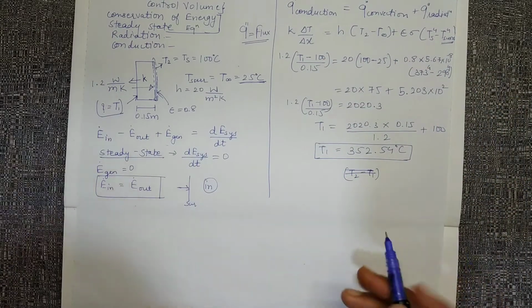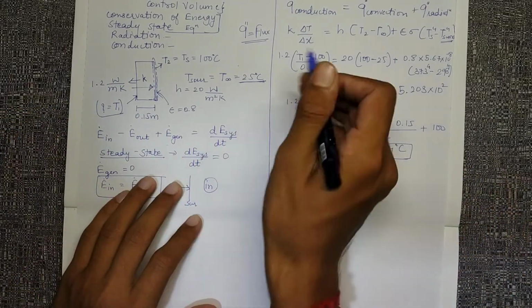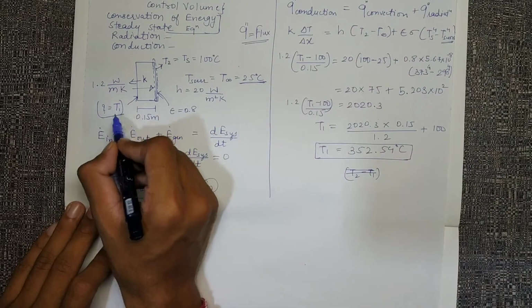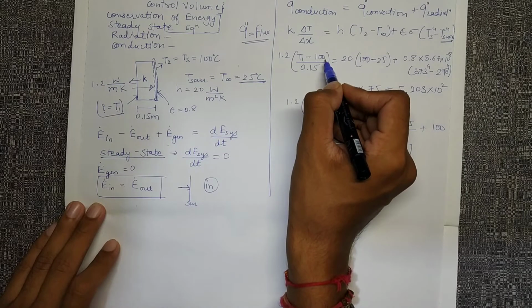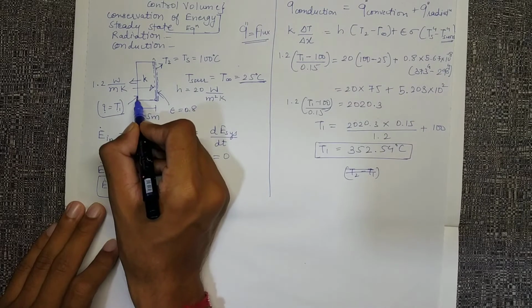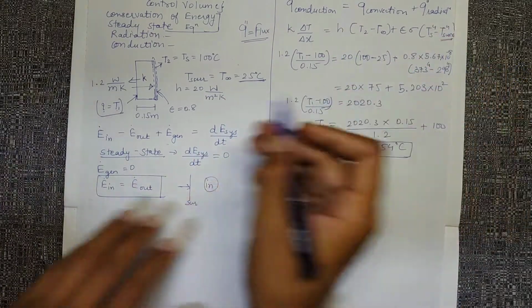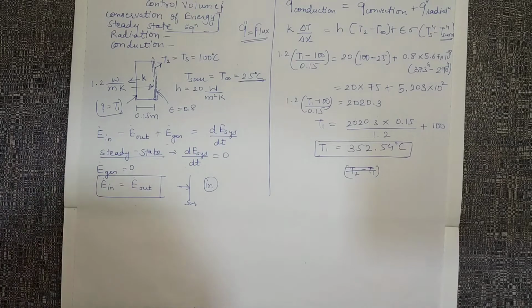So it doesn't matter. The only thing is, whatever we have assumed, we should stick to it. Over here I had assumed that through conduction we are gaining heat. That means T1 was greater, so I need to take T1 minus 100, that is higher minus the lower. If I had taken the opposite, I would have taken T2 minus T1. So that's the thing. We have solved the problem. In the next video we'll take another problem. Okay, thank you.